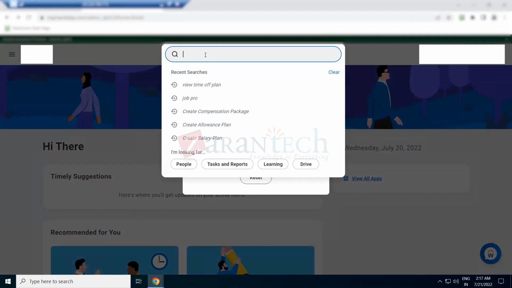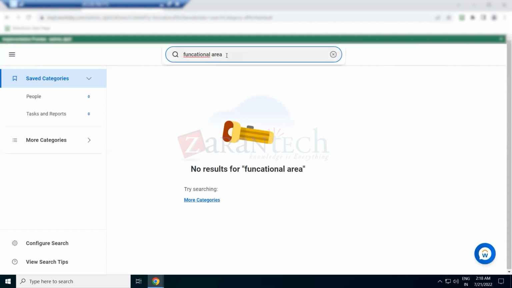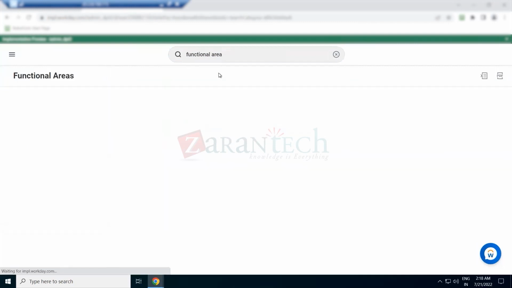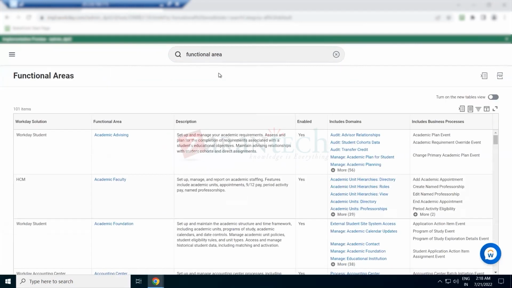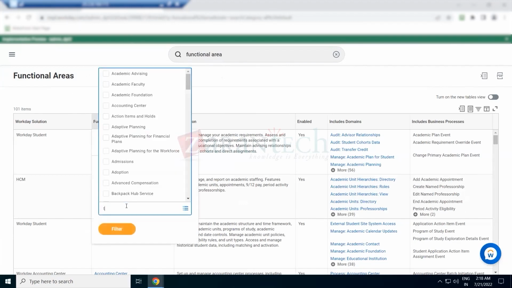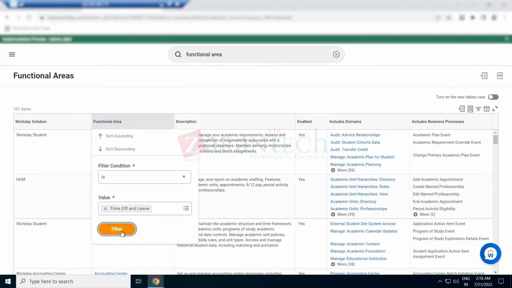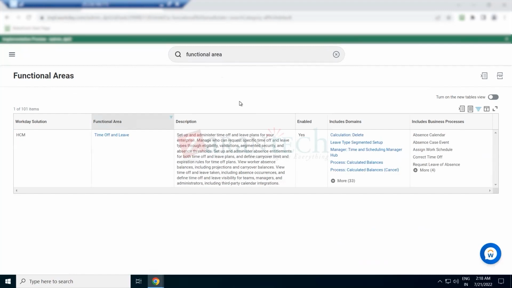So first thing, we would definitely see the functional area. Just open up the item.